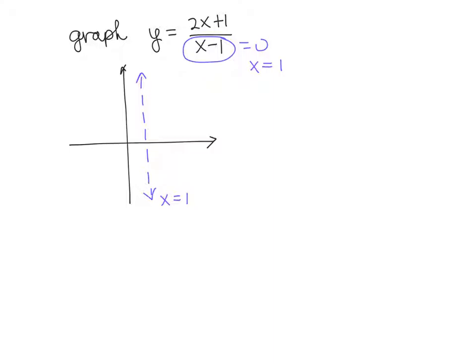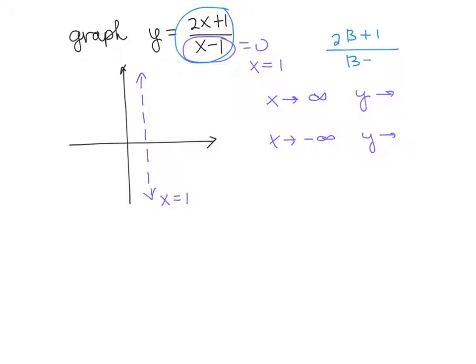Right. Let's find out the horizontal asymptote. We need to think about the case of as x goes to positive infinity, what happens to the y value, and as x goes to negative infinity, what happens to the y value. Where are these numbers approaching? If x is a really big number, positive infinity, then we can think of this fraction as 2 times a really big number, plus 1, and then a really big number minus 1.